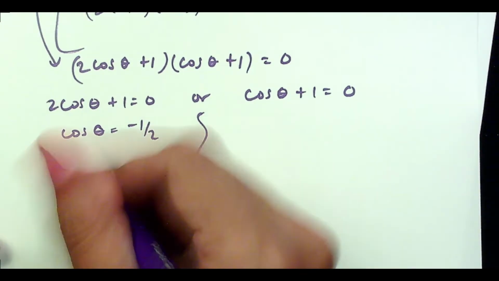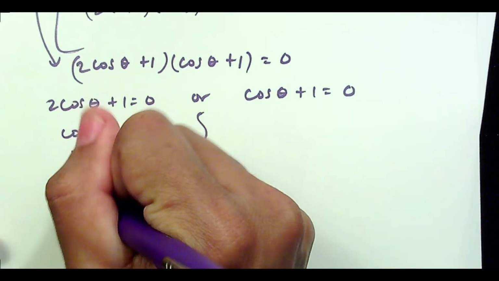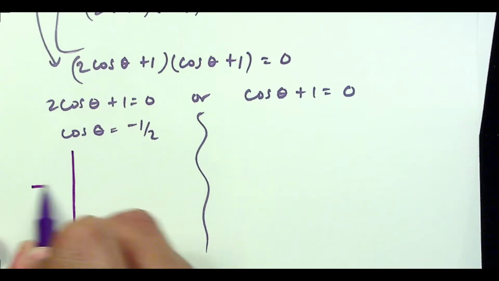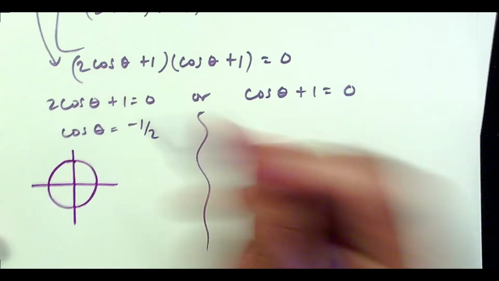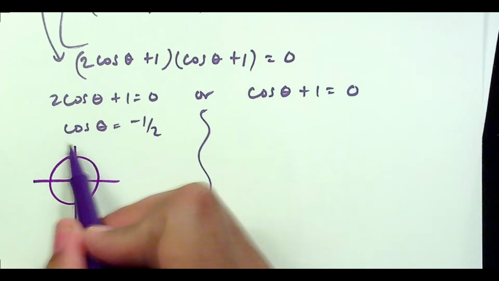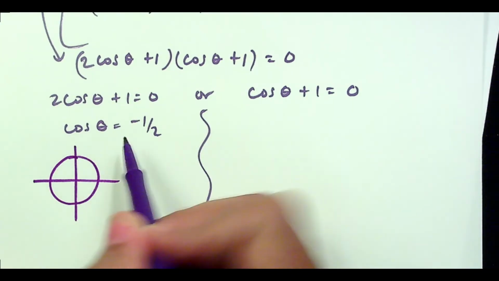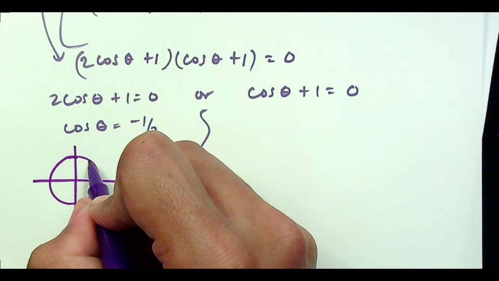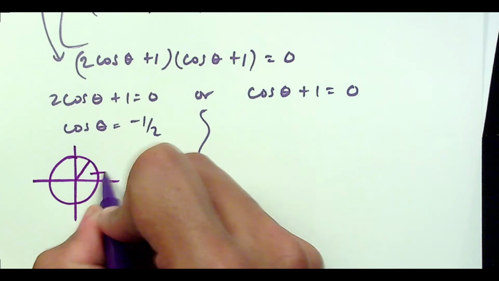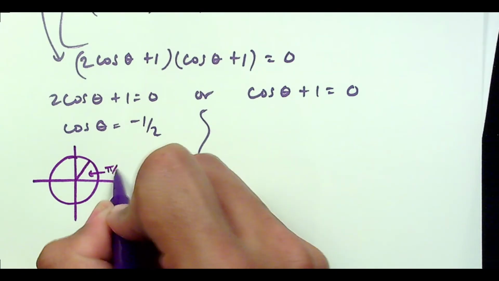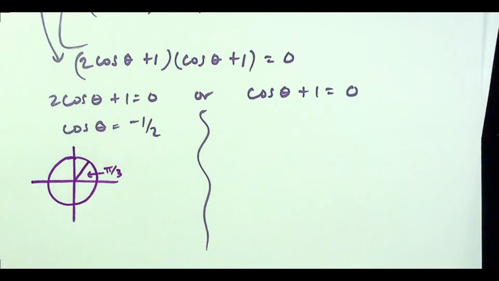However, if we know the positive one, then we can figure out the negative one. If the question was, what is the angle whose cosine is positive a half, then I know that would be pi over 3. That's not the answer, but from here we'll figure out the right answer.